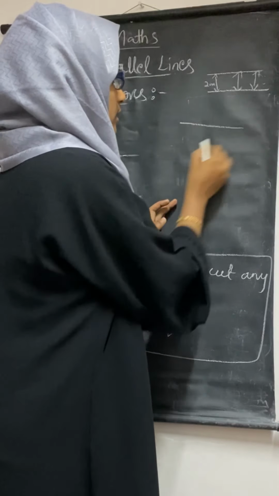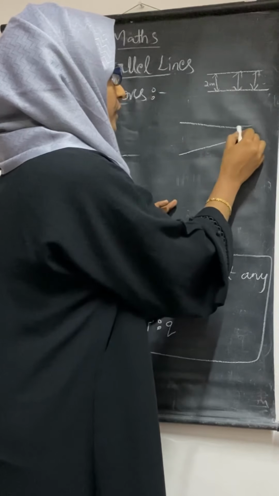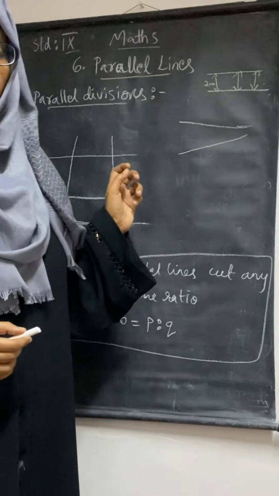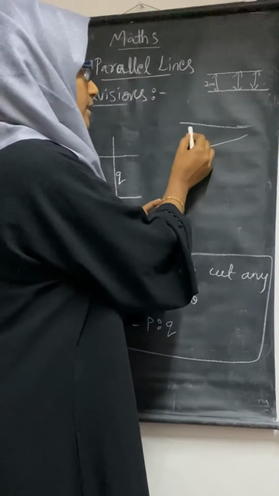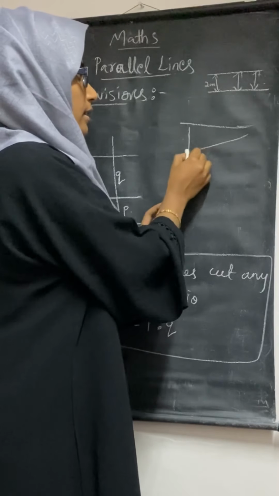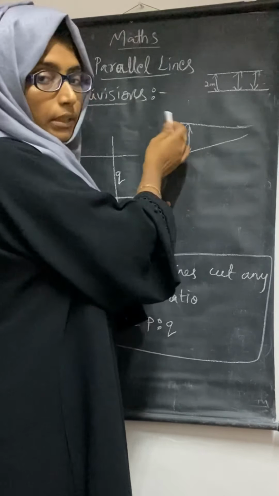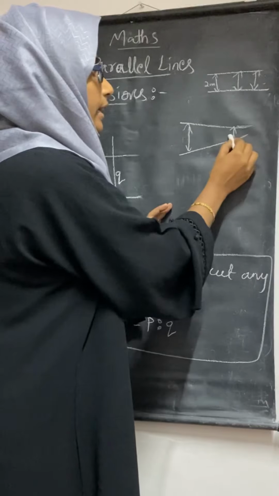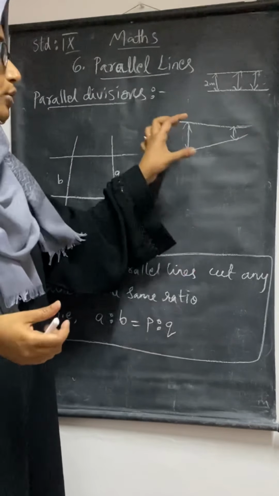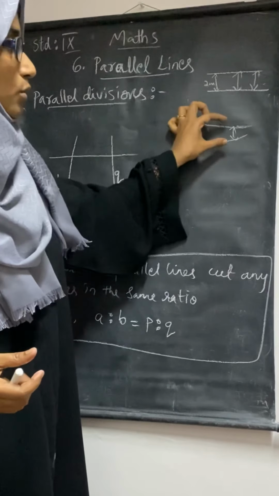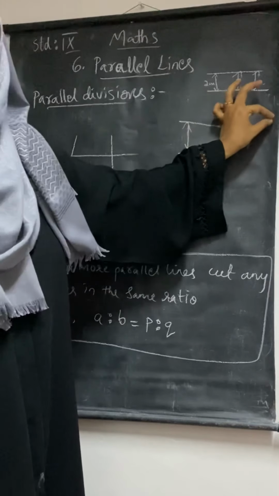For example, if I draw this way, are these two lines parallel or not? I can say this is not a parallel line, because here you get some distance and here you get some other distance. Also, when I draw these two lines, they will meet somewhere.